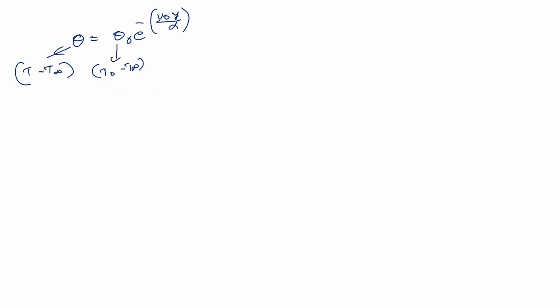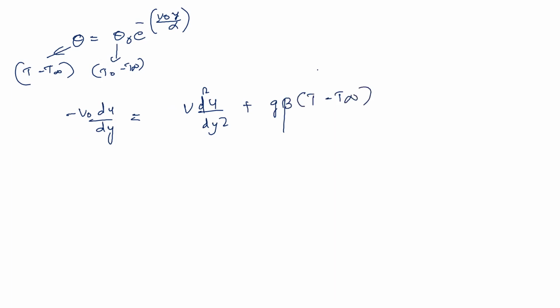So we have the previously the velocity field, conservation of energy equation. So let us just substitute in that. You substitute in that, minus VO du by dy equal to nu d square u by dy square plus g beta into T minus T infinity was our equation.